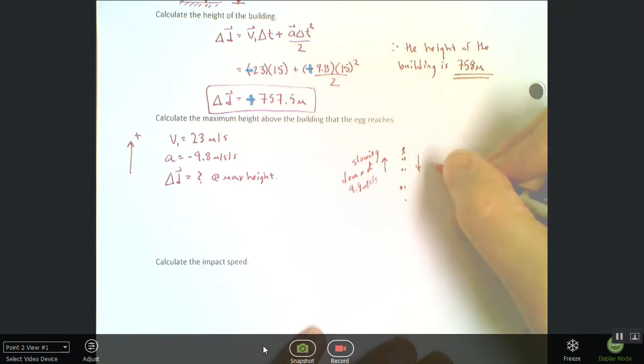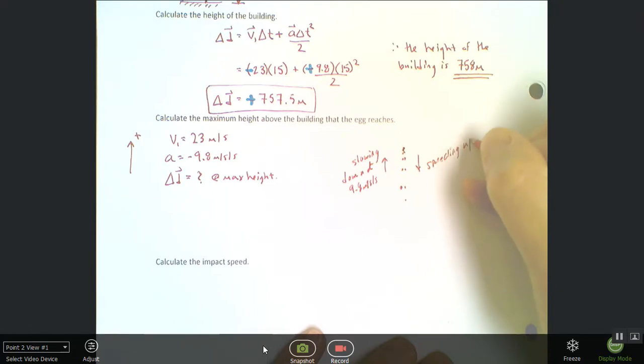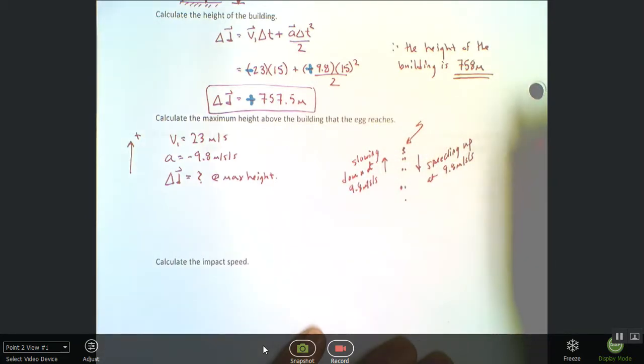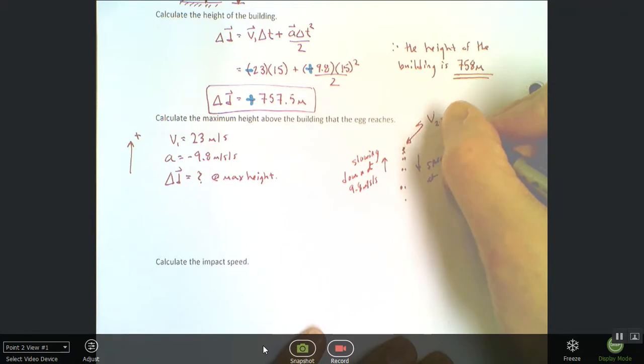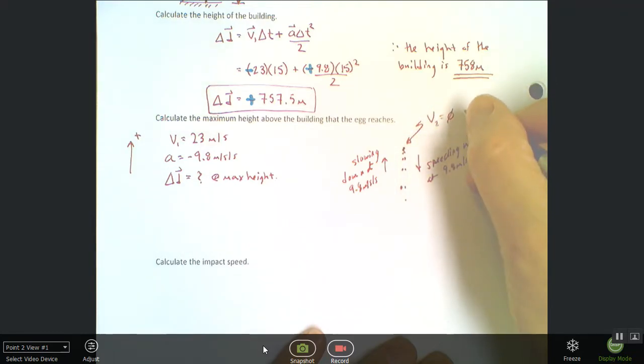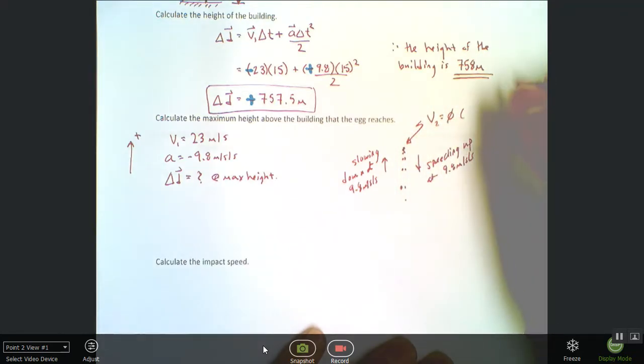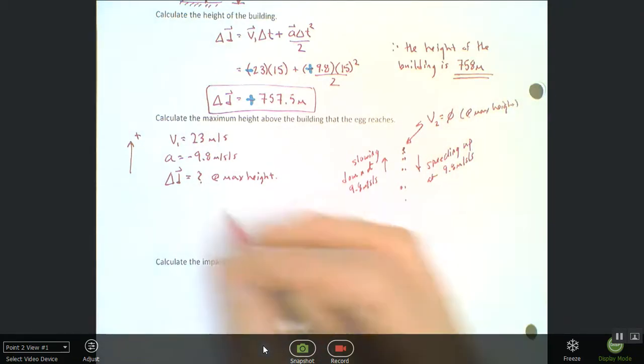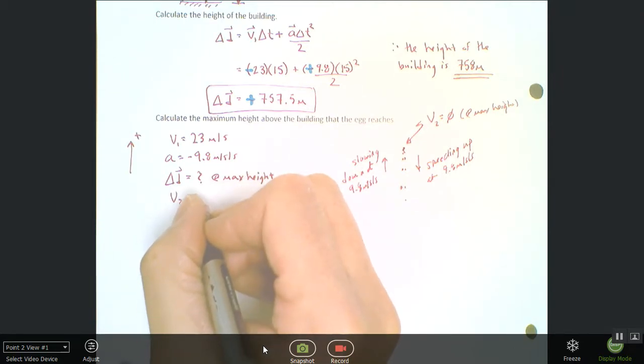On the way down, it's speeding up at 9.8 meters per second per second, which means at the top, if it had to switch from slowing down to speeding up, at the top, V2 equals 0. It stops briefly. So at max height, we do know that V2 equals 0.